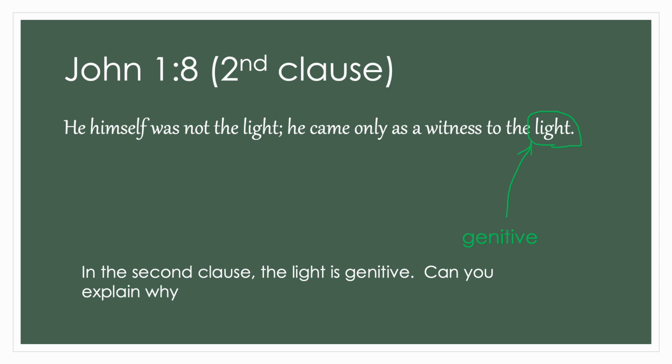So we've heard about John, he being the pronoun and the nominative here, he came. And it says only as a witness to the light. So light is associated with the word witness. And that's why it is in the genitive case here, where in the first part of that sentence, it was in the nominative.